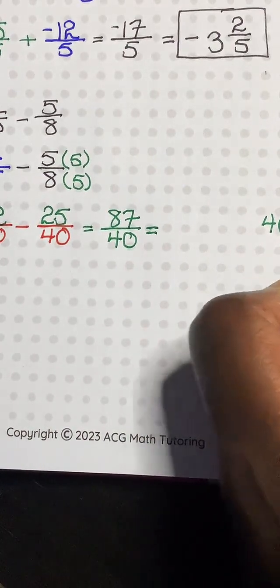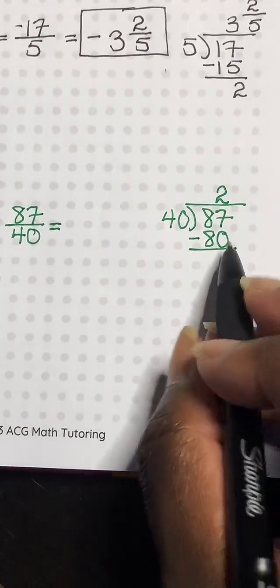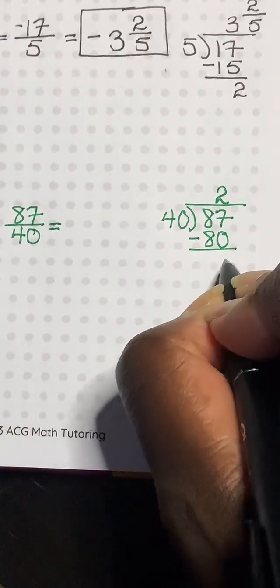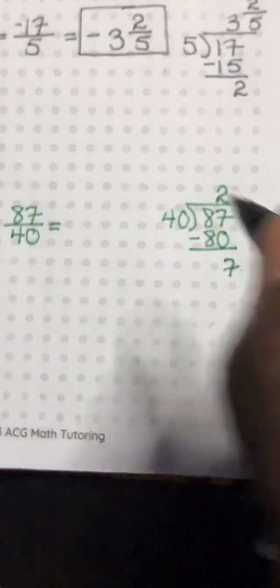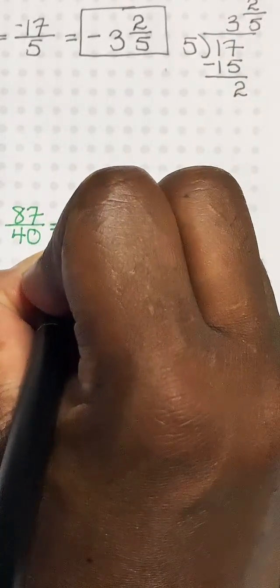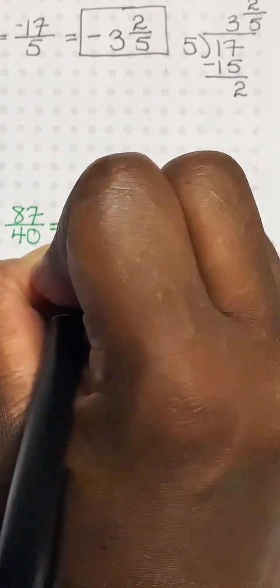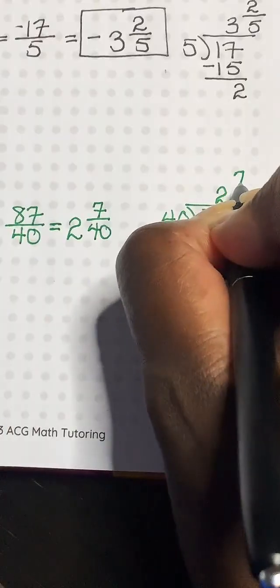And we're not adding any decimals. I know for a fact you're probably like, are we adding decimals? No. So 87 minus 80 gives me my 7. Let this be your remainder. So that's how you get your whole number of 2, and 7 40ths. Okay.